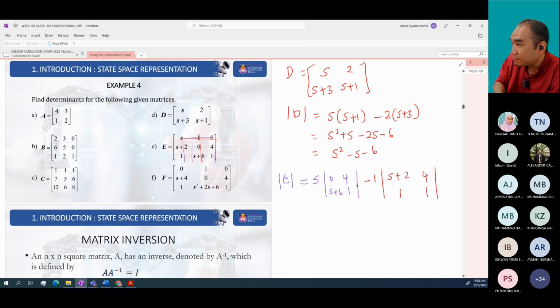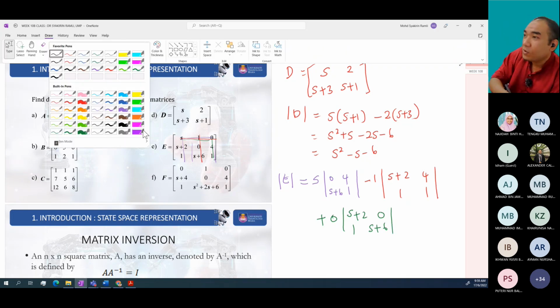First we have plus, minus, and then the next one is going to be plus. Plus with 0, we have 0 here. And then we get the determinant, covering this row and column. So we have the determinant of S plus 2, 0, 1, S plus 6.